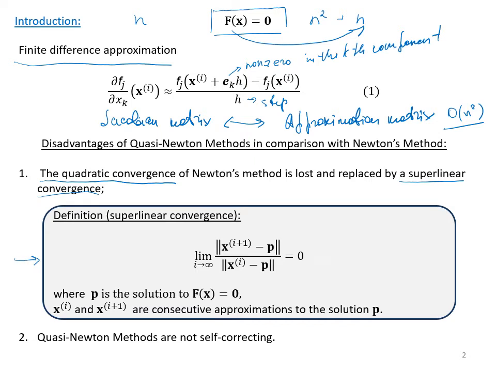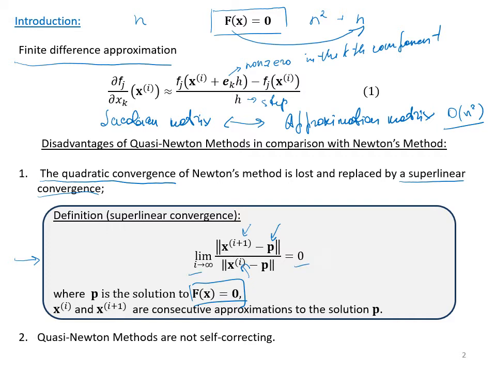We can say that this is the limit of the ratio between the appropriate norm of the difference between the i plus 1 iteration and our solution of the nonlinear system, and the ith iteration and our solution. And this ratio approaches 0 as i goes to infinity.